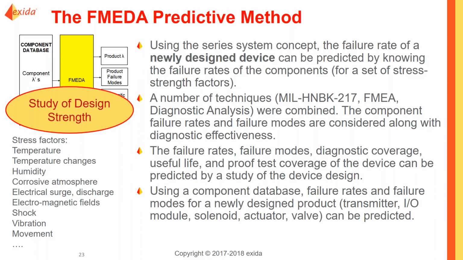All of these factors are now part of the calculation of an FMEDA, and that's why you get, let's call it, in quotations, realistic failure rates. So we're starting to see realistic failure rates from this approach, even though it's a predictive method, because of all these different elements being added in.